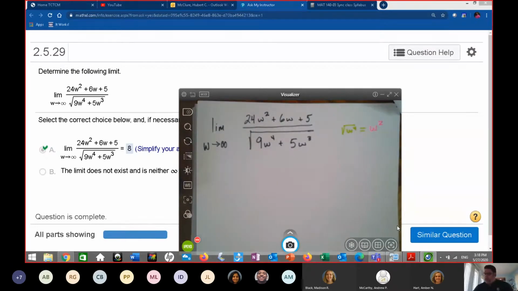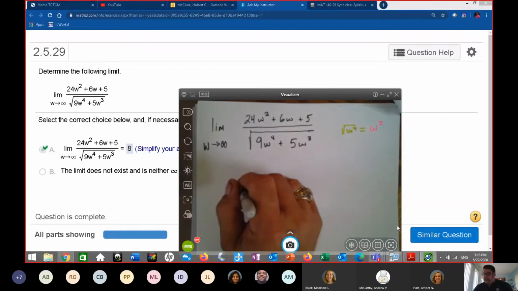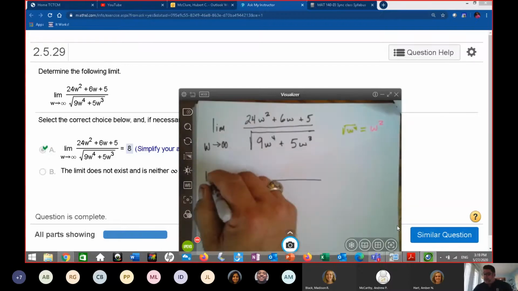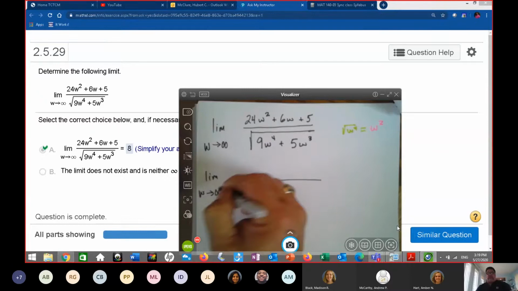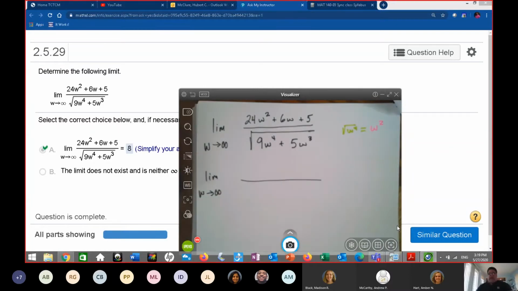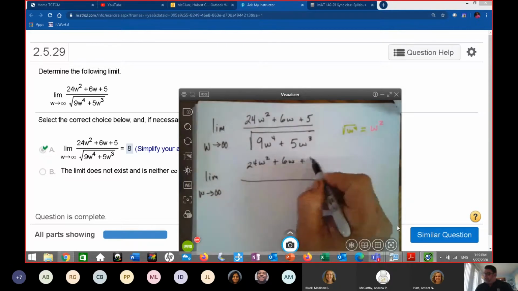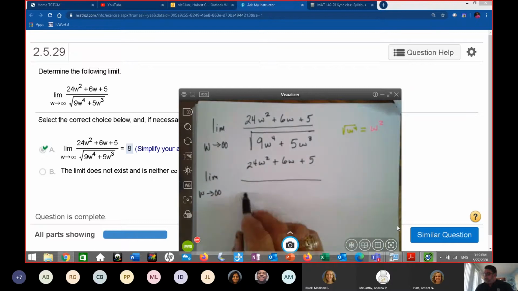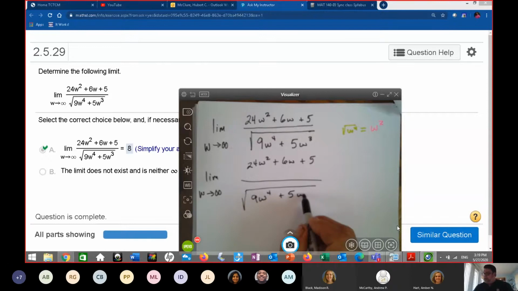Now please remember what I told you yesterday: you do not have to do all this. But if you've never seen this before, or if you don't know how they do it, you might want to write down every step. So 24w squared plus 6w plus 5, and then the square root of 9w to the 4th plus 5w cubed. And then I'm going to divide the top by w squared.